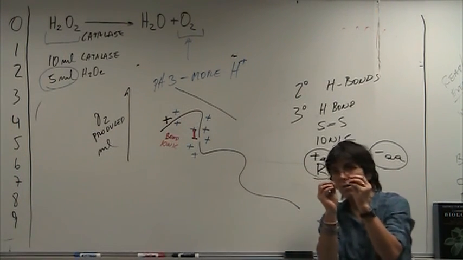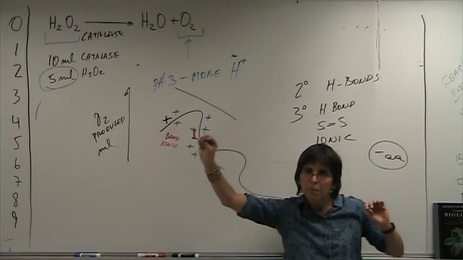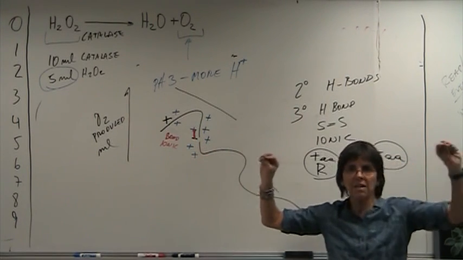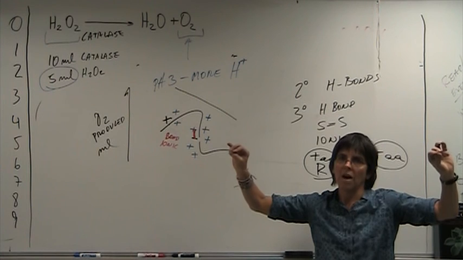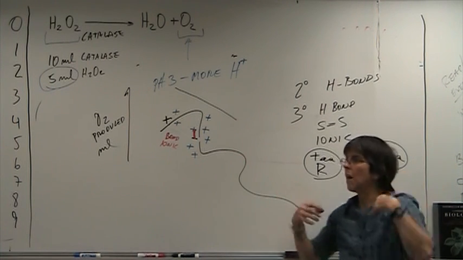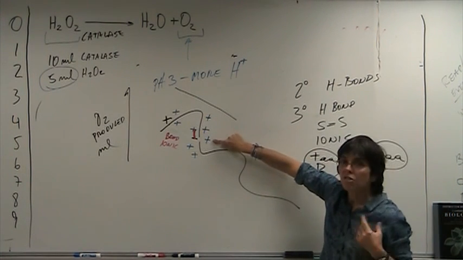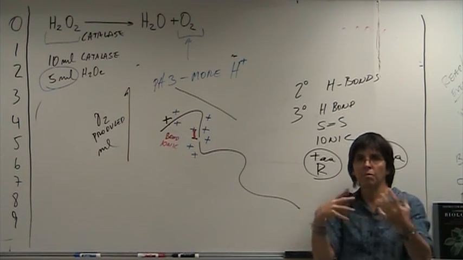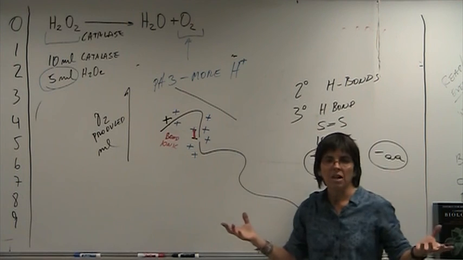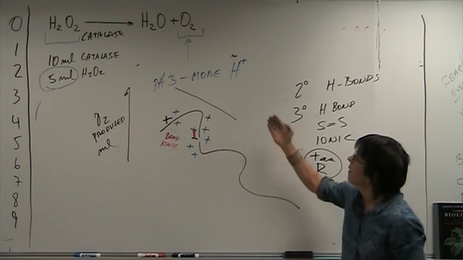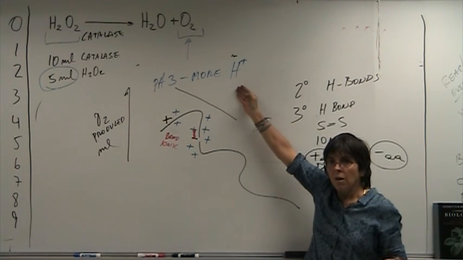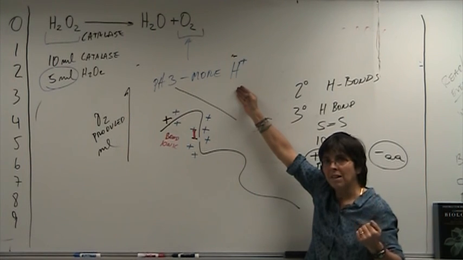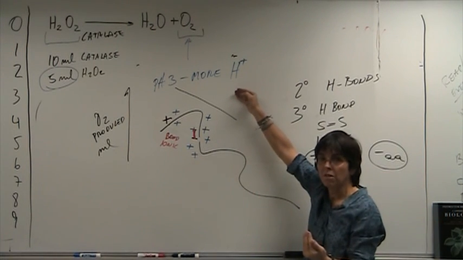This is how pH changes things, interfering with ionic bonding and also hydrogen bonding. Because remember, hydrogen bonds are between the slightly positive and the slightly negatively charged R group of another one. So anytime that you mess around with the charges, it's going to change how these bonds are formed, and it's going to change the shape of the molecule. Remember, hydrogen ions, when you get more acidic, you get more positive charges.